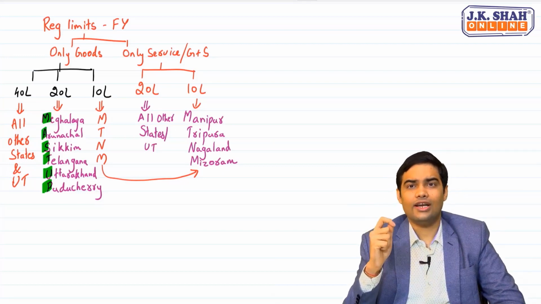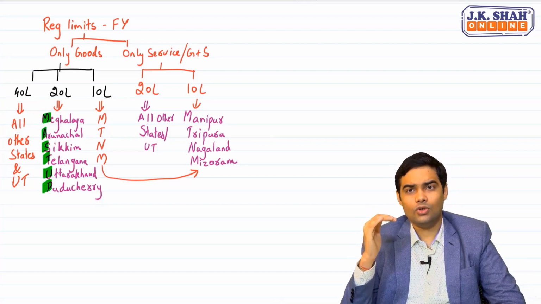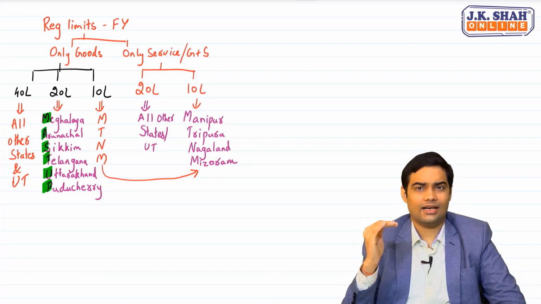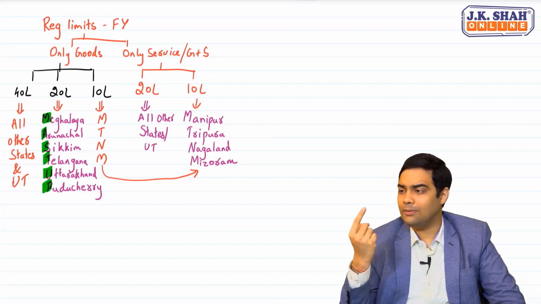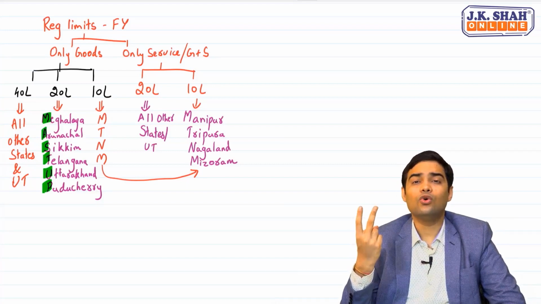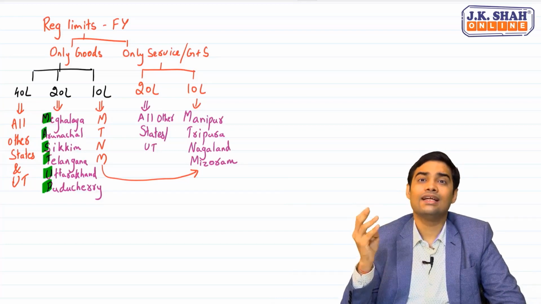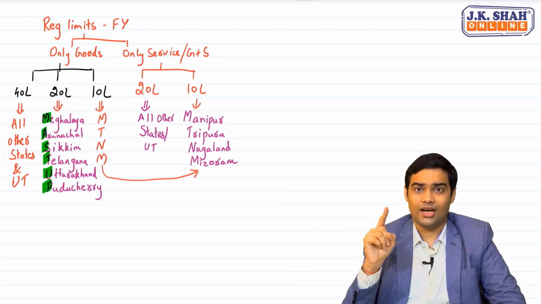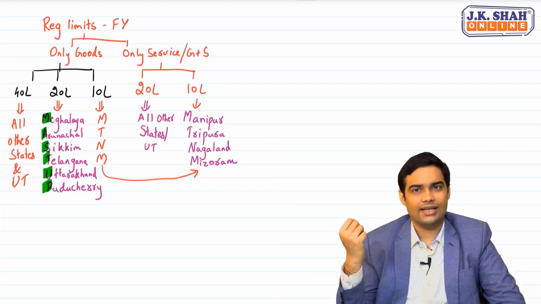If you are recalling any short form, be careful about the risk associated with that. Manipur, Tripura, Nagaland, Mizoram are covered in 10. But in 20, you have MAST-UP: Meghalaya, Arunachal Pradesh. Careful, Assam is not there. Sikkim, Telangana, not Tripura. Telangana. Tripura is already there in 10. Uttarakhand. And lastly, we have Puducherry.